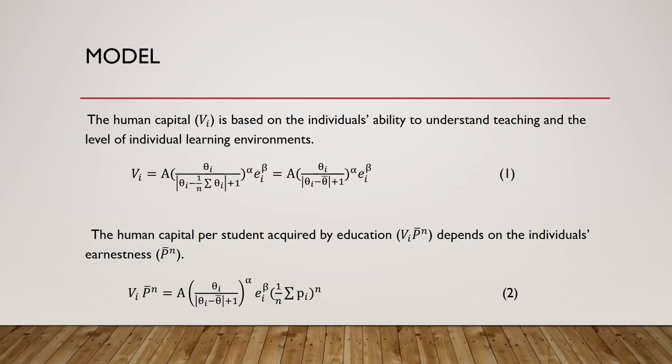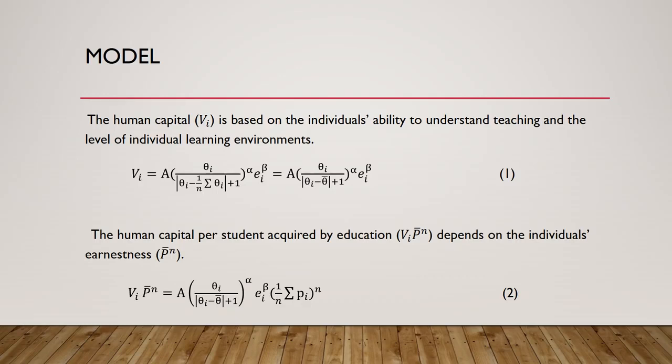Equation 2 clarifies that the average level of earnestness in the classroom affects individual human capital because the effect of peer group on academic performance is observed in the classroom. When the average level of earnestness towards studying in the classroom is higher than a student's earnestness towards studying, the student's earnestness increases and vice versa.